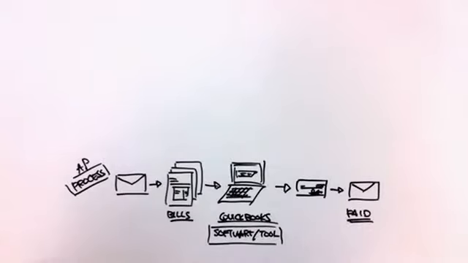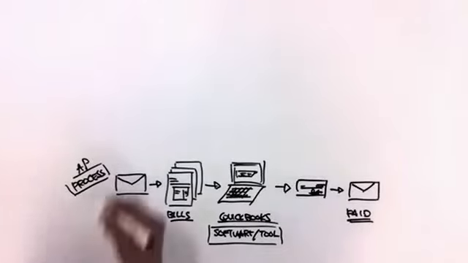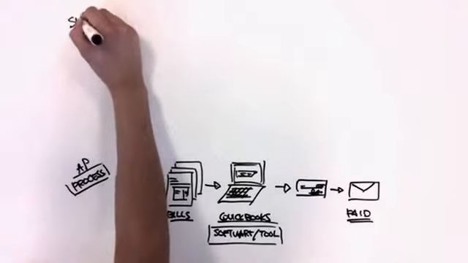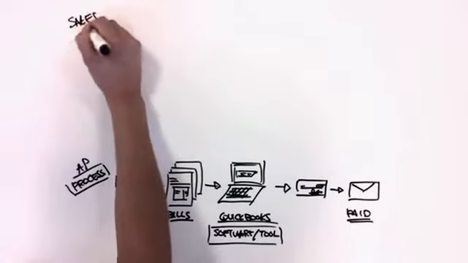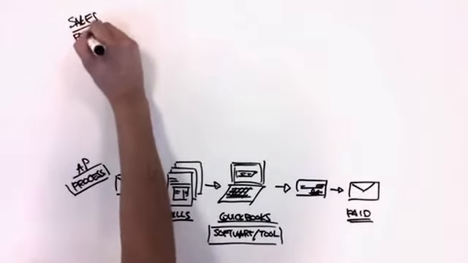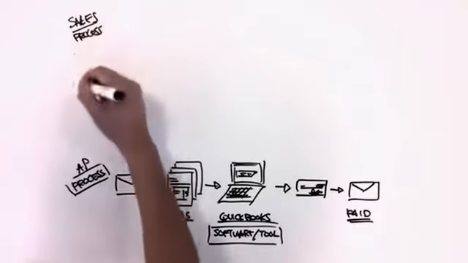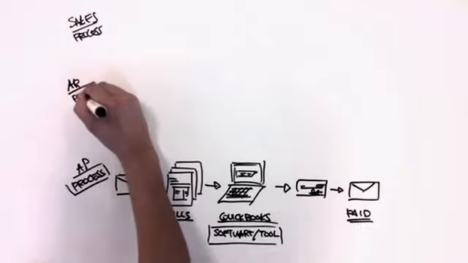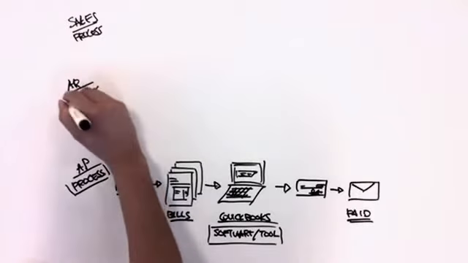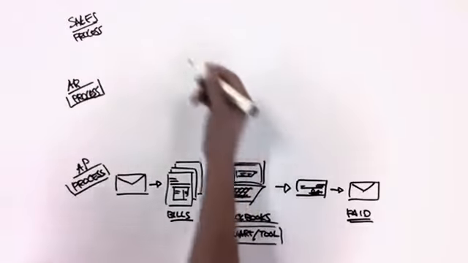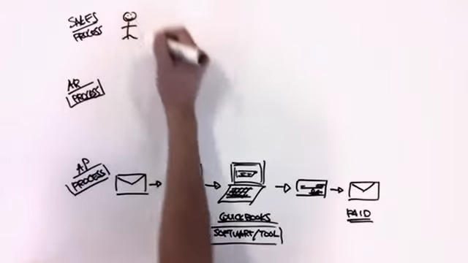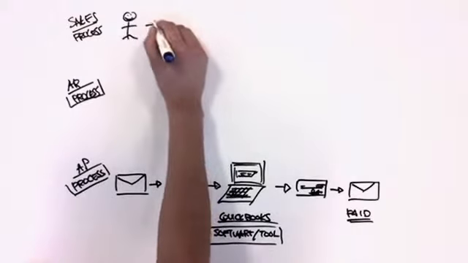Now, another more popular and definitely a very useful process is the sales process, which is typically outside of accounting, but it's still a process, and then the accounts receivable process, which is the process of getting paid. So the sales process typically starts with a prospect coming in wanting to buy something from you.